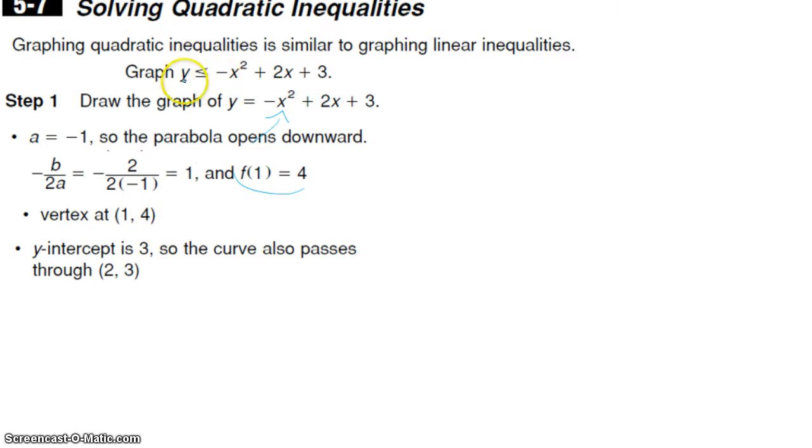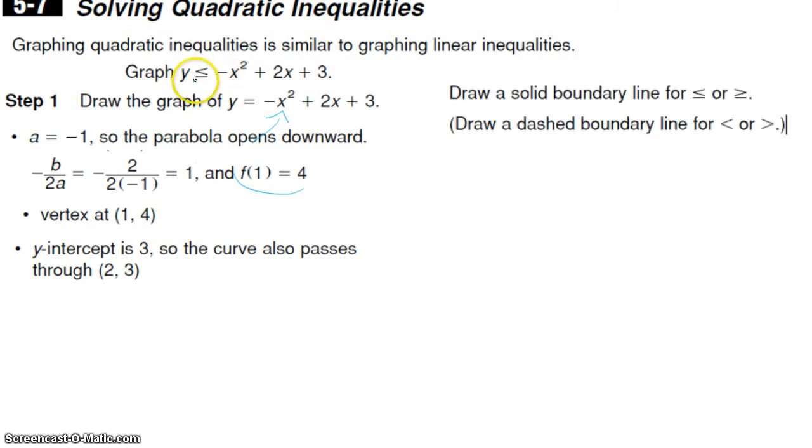So now we're going to bring back in the inequalities here. First thing we need to remind ourselves is solid boundary line and dash boundary line. Same concept. If it's equal, it is solid. If there is no equal, it is dash. So in this case, we're going to use our solid because of the equal.